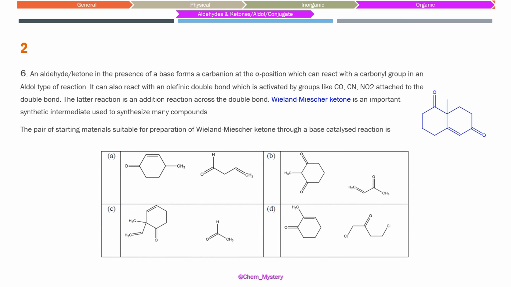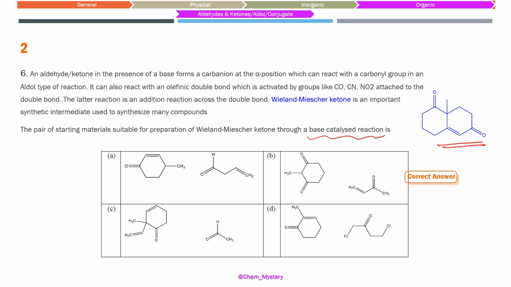Using these compounds, we were asked which can give you this particular compound as a base catalyzed reaction, where these two compounds react and we get this. Okay, we'll see how the answer to this question is coming as B.